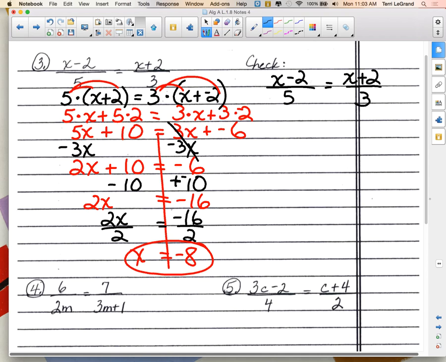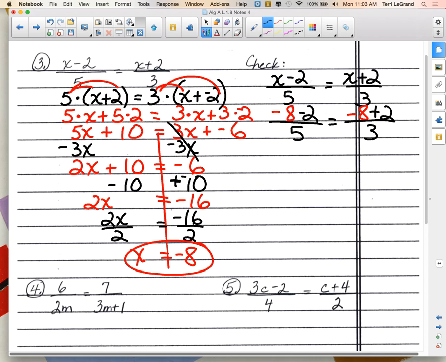This time we have 2 places we have to substitute in, don't we? We have to take our -8 that we got and put it in for x in both of them. And again, we still aren't needing our calculators for this.